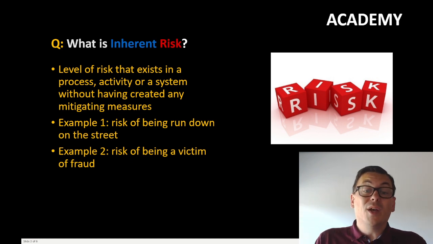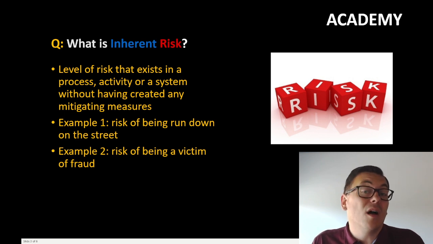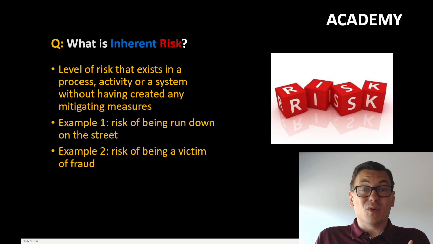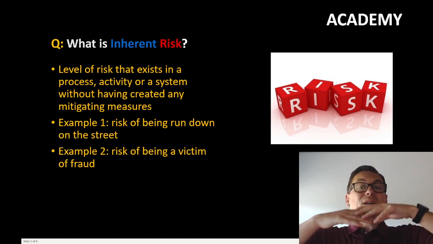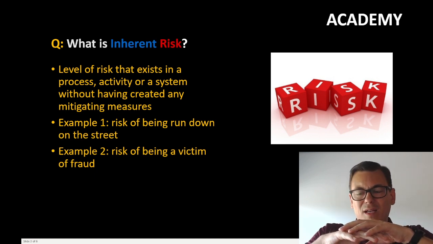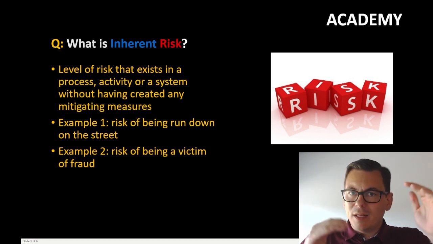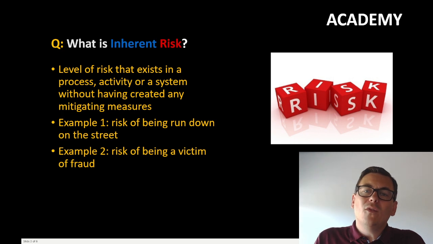One example could be the risk of being run down by a car on the street, or for example, being a victim of fraud. These are risks that most people are exposed to, and we will have them to a more or less degree. And then we need to act upon it.